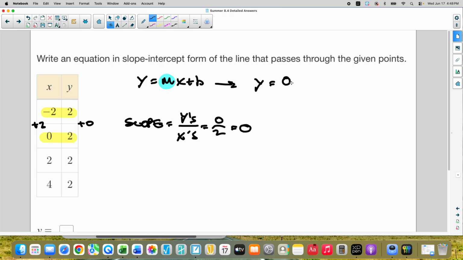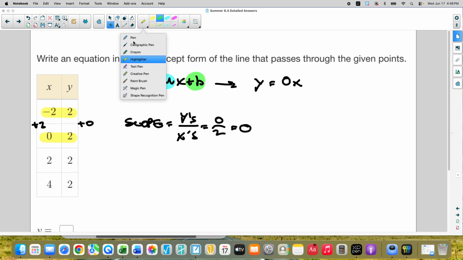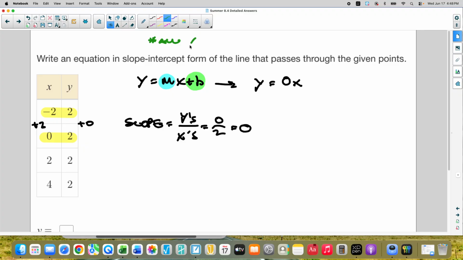y equals 0x. And then here's a little tricky one. Not sure if anybody saw this, but remember my y-intercept, all y-intercepts have an x value of 0.